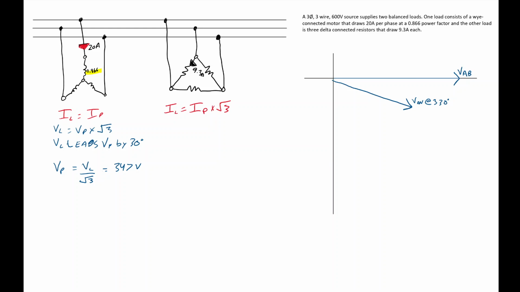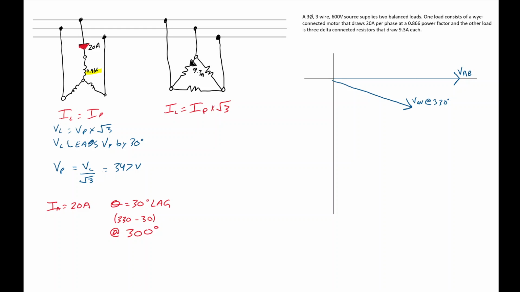Awesome. Now my current for my Y load. I know that my I line equals I phase, so my I line current is 20 amps. And my phase angle was a 30-degree lag. That phase angle is based off of my phase voltage. So I'm going to go 330 minus 30-degree lag, which puts it at 300 degrees.